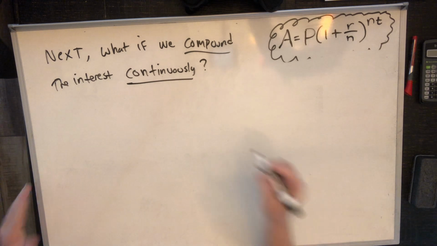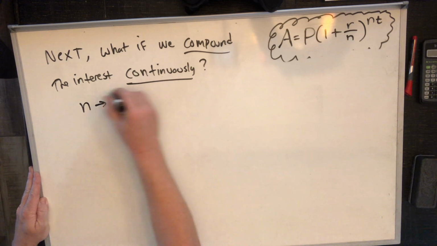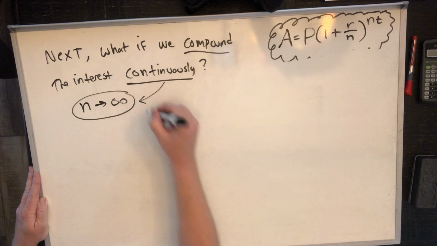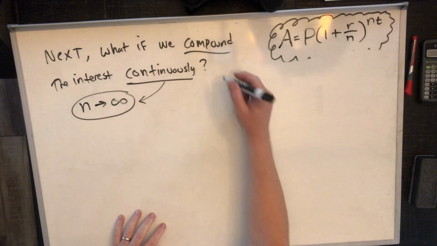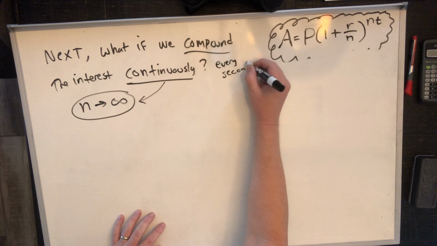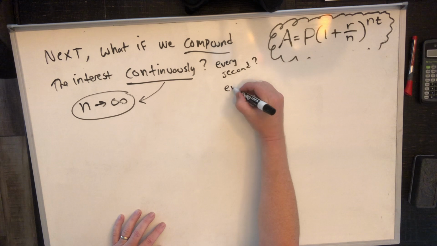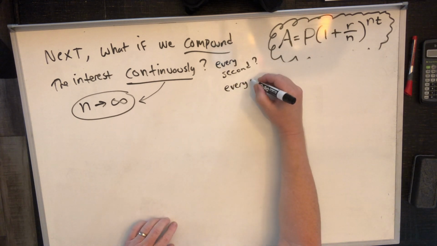Continuously means forever. As many times as nature would allow. Over and over and over again. Every minute of every second, of every minute, of every hour, of every day.